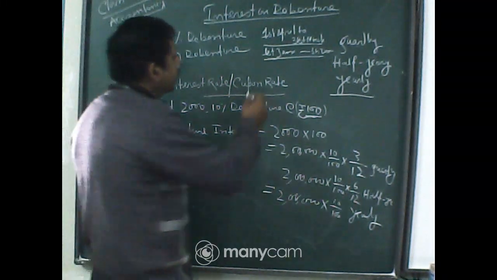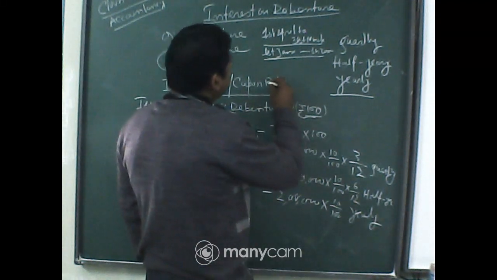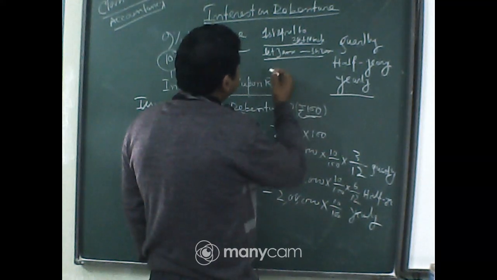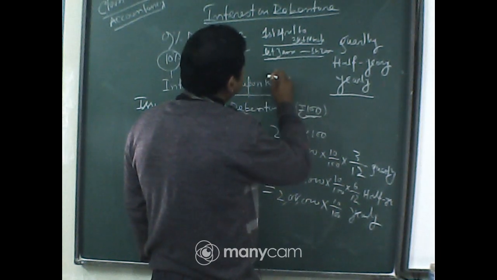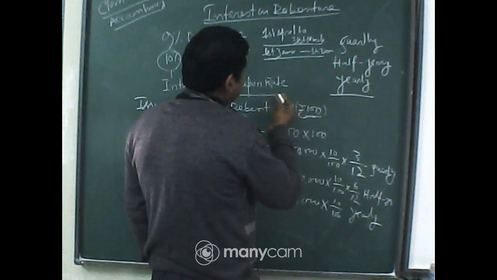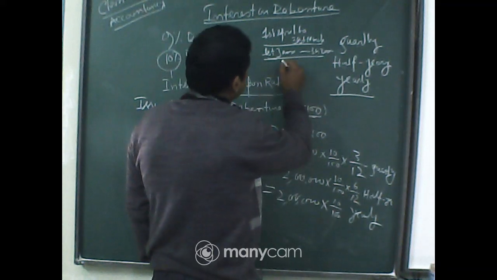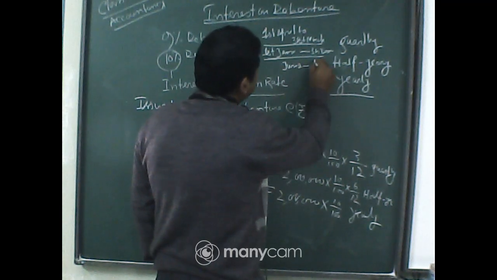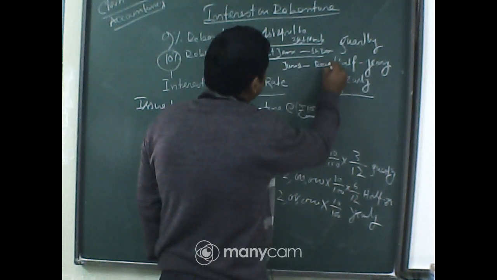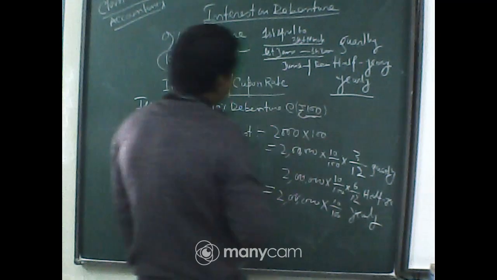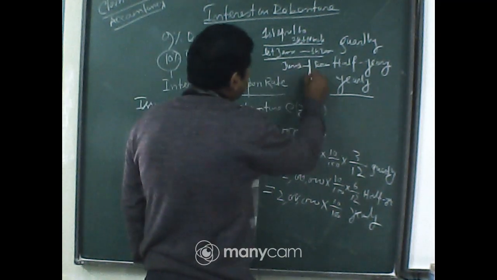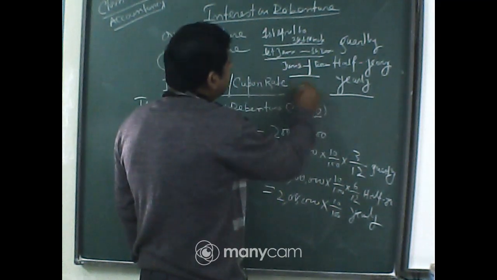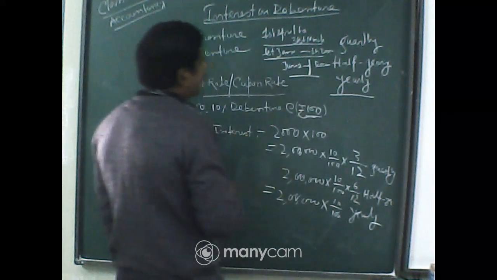So, in the calendar year, the first half yearly interest will be given after June, and the second interest they will pay in December.